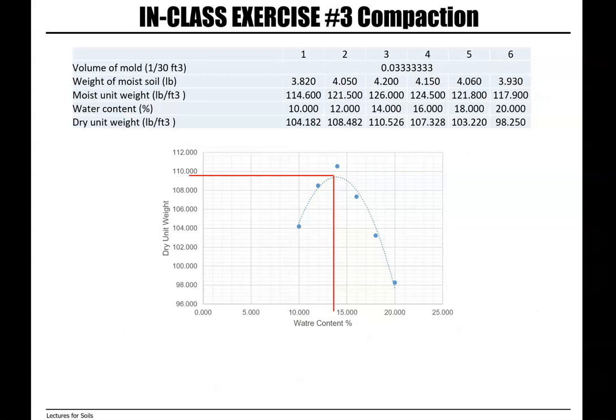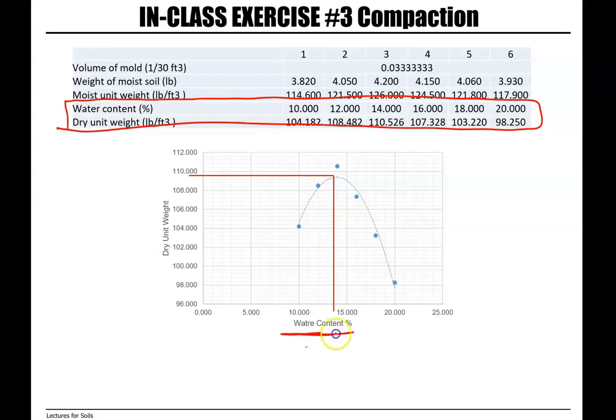When you have all of the numbers that you need, you use these 2 rows. Water content is your x-axis, and dry unit weight or gamma D is your y-axis.